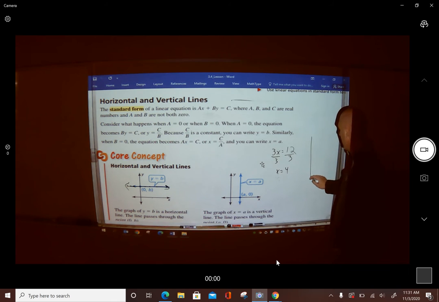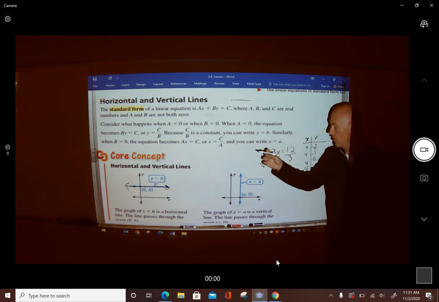And if I made a table, this seems a little bit different, but just follow the same logic, x, y. If I needed y to be negative 2, x would have to be 4. Y to be negative 1, x had to be 4. Y to be 0, 1, 2, 3, x is always 4. That's all I know about this.